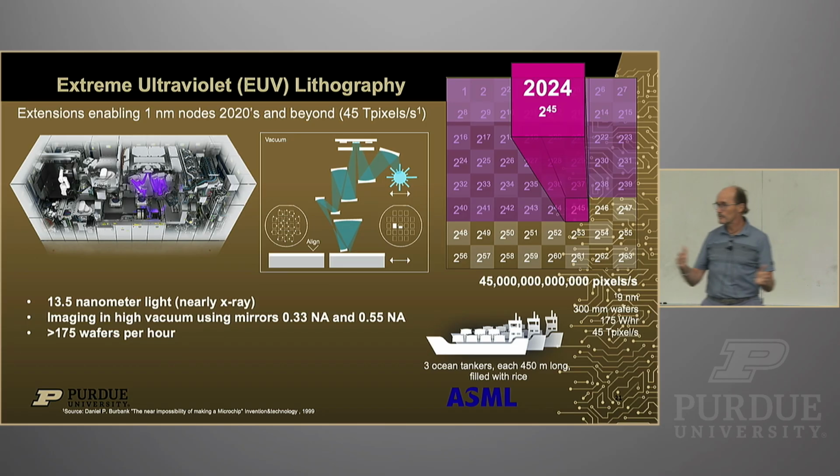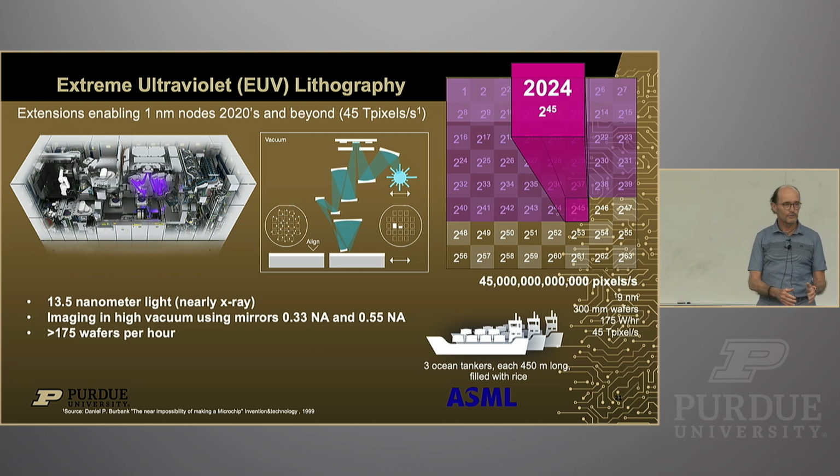We went in one go from 193 to 13.5, because there was nothing in between. And 13.5 was fantastic, really, really short, but it's tough to make it. That sort of light, very complex light source. The photons are also so energetic that everything absorbs it.